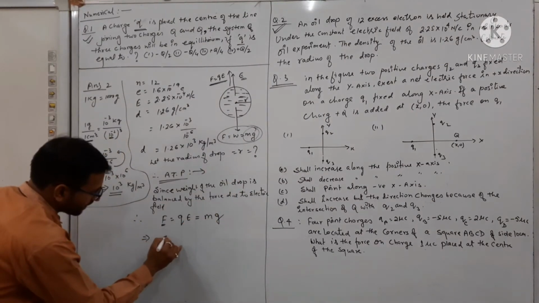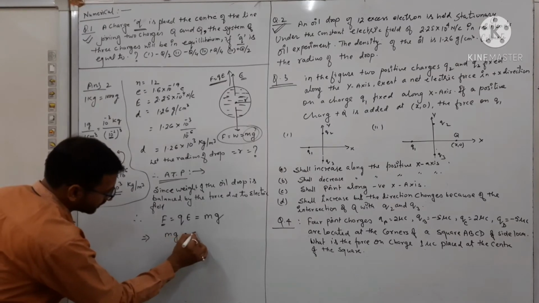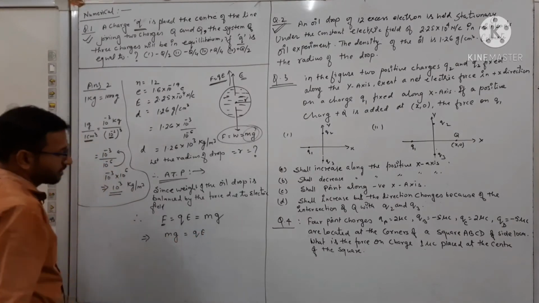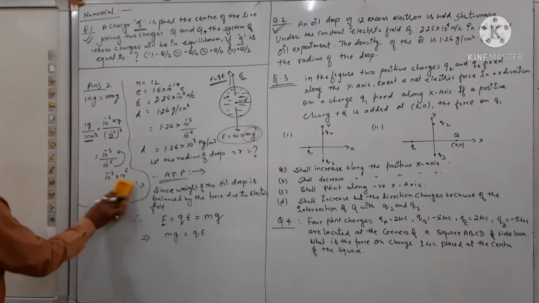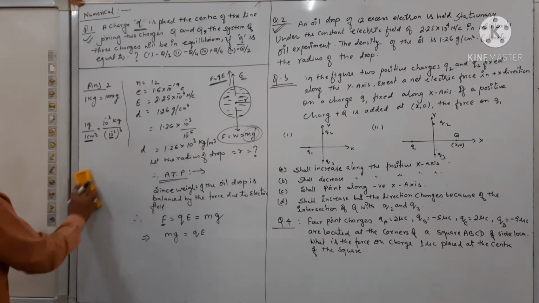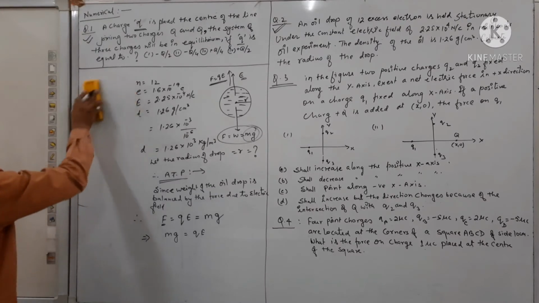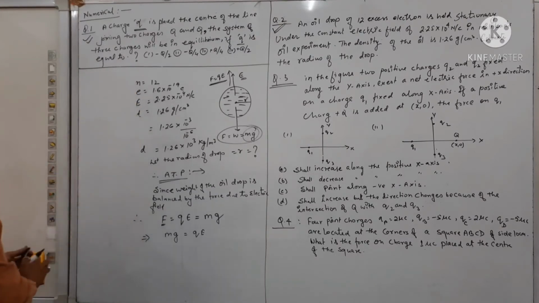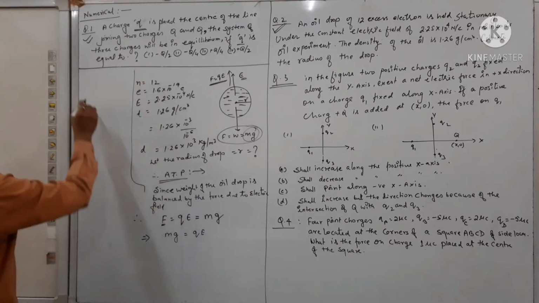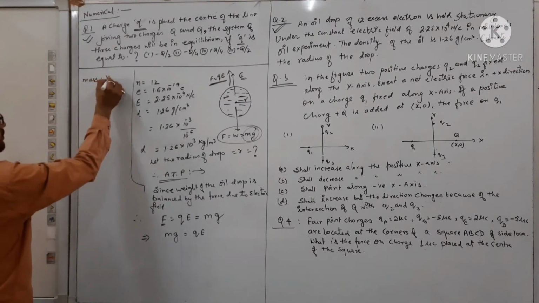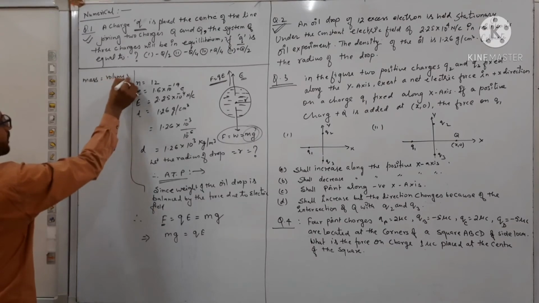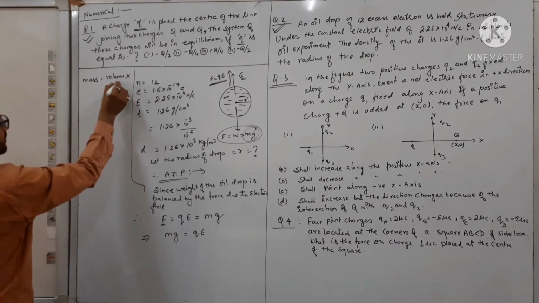Now in the next line I am writing mg is equal to q into E, and this mass I will write in terms of density and volume. So see here, mass is equal to volume into density.